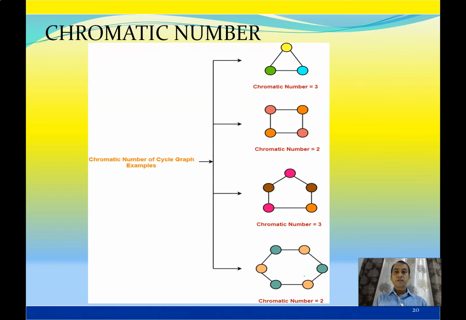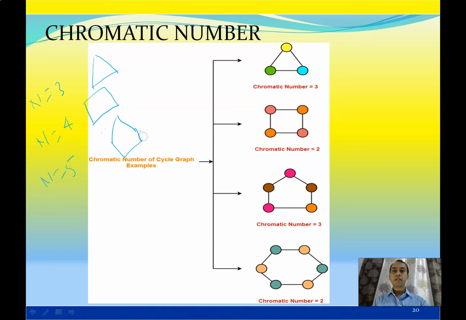Suppose we want to find the chromatic number for the cycle graph. So what is a cycle graph? Suppose n equal to 3, then the cycle graph will be like this. N equal to 4, then the cycle graph will be like this. In the same way, n equal to 5, then the cycle graph will be like this.